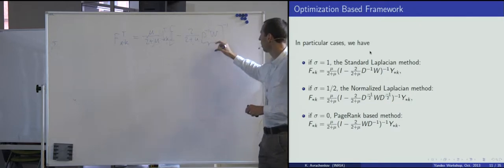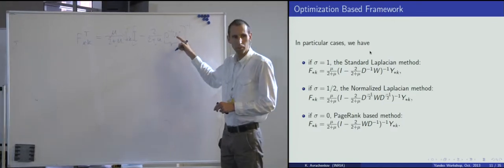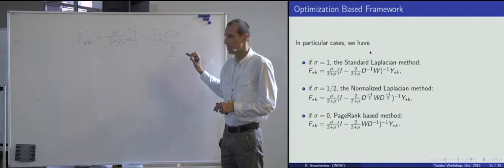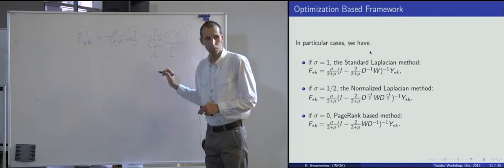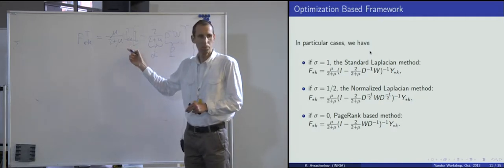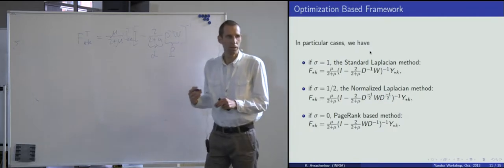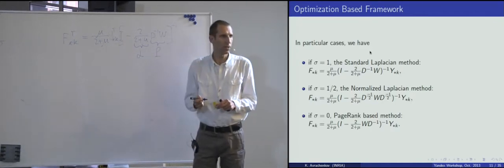It's the inverse degree matrix times the weight matrix. So it's just the transition matrix, like in PageRank. This is just alpha, like in PageRank, and y is a kind of personalization vector. So you see it's like a personalized PageRank with y as a personalization vector.